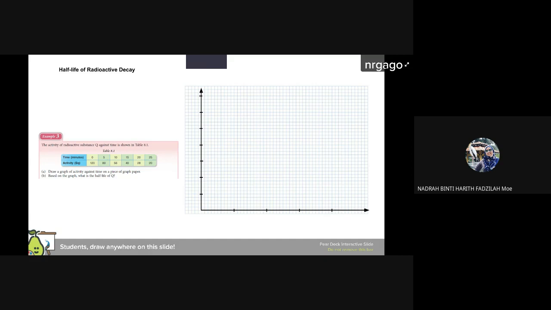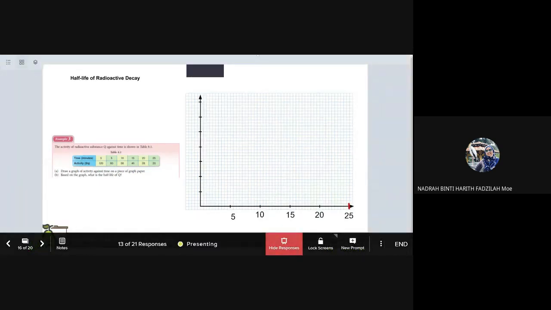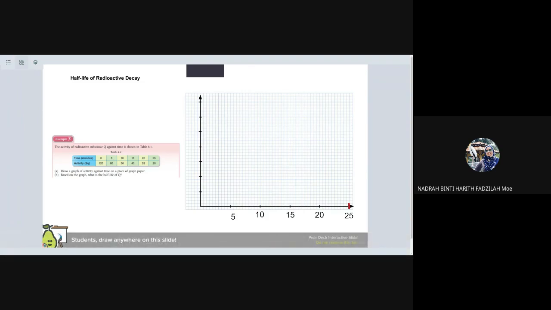Okay, kita dah ada student yang dah lengkap dah ada punya scale. Okay, good. Ya, memang 25 tu dekat dengan kepala arrow tu ya. Okay, very good.